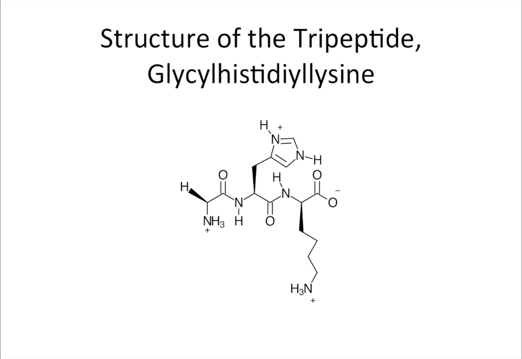As another example of a larger protein, we have hemoglobin, which has about 574 amino acid residues. It has a molecular weight of 64,500 kilodaltons, and it consists of 4 polypeptide chains.